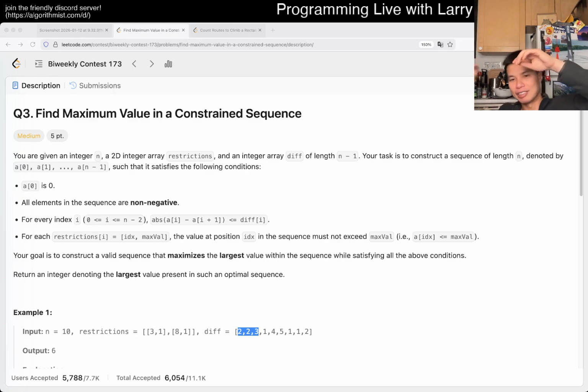Then the next restriction has points too, and you try to find the intersection and then the min of all that.